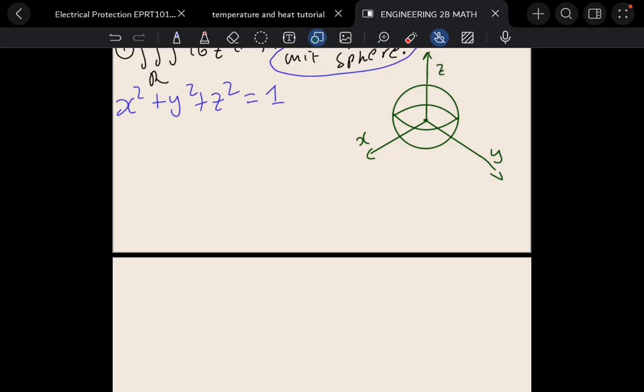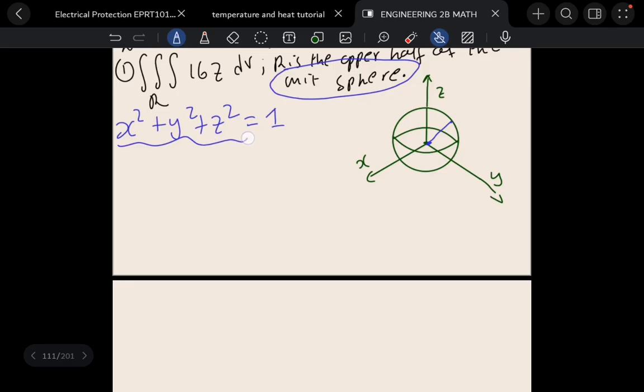Now, what is your rho? Your rho is the distance from the origin of the sphere to that point. And then we understand that rho squared is equal to 1, so rho is actually going to be 1. And the boundaries for rho are 0 and 1.